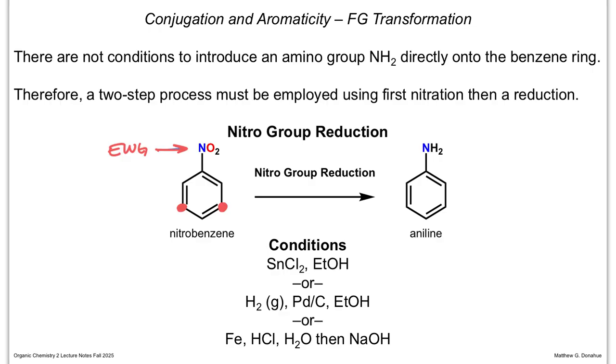But we can do an inversion of that. We can count oxidation state of heteroatoms just like we do carbon. NO2 is highly oxidized. We can reduce it down to the amino group. So nitrobenzene to aniline, NH2.